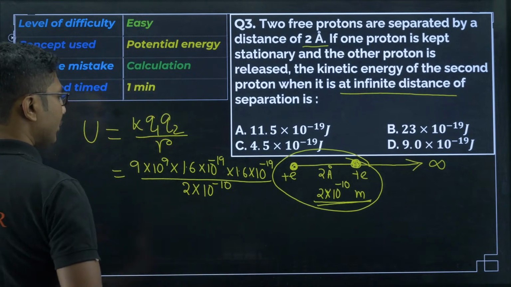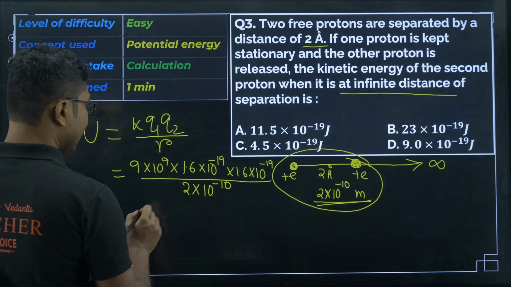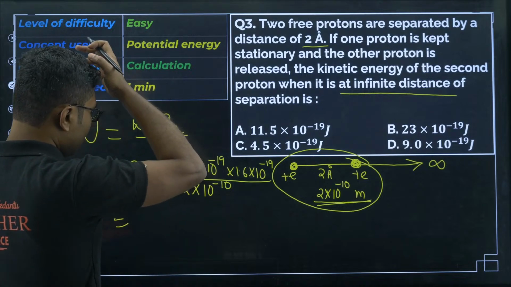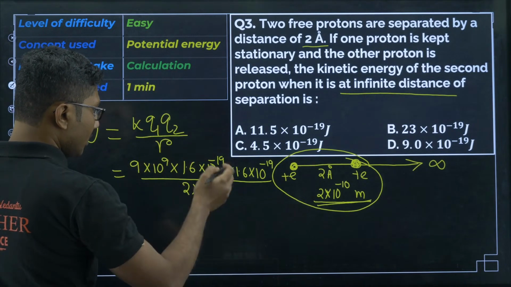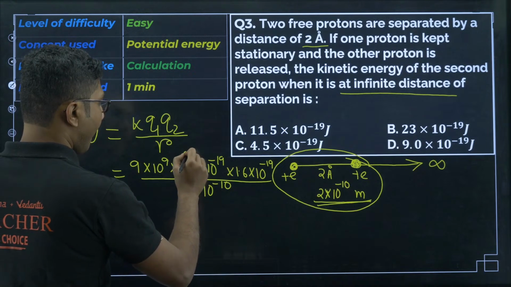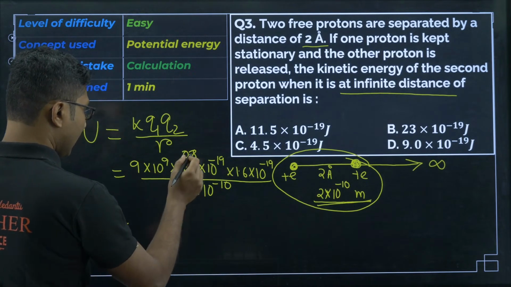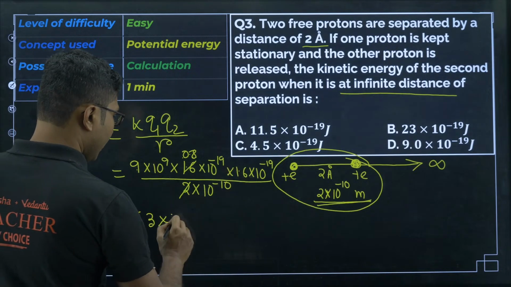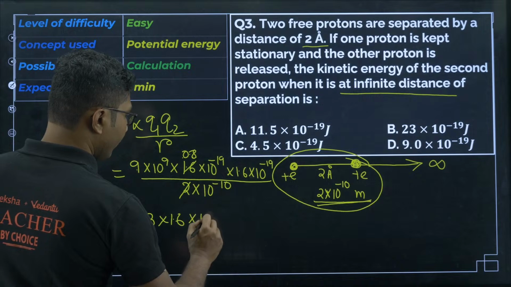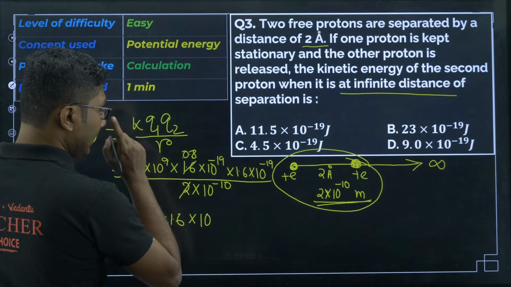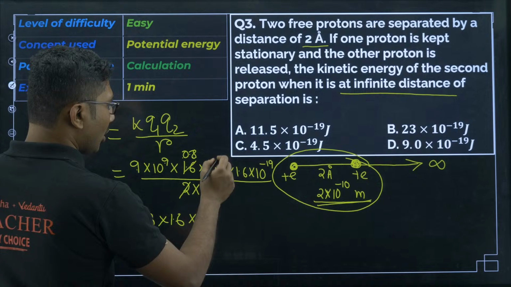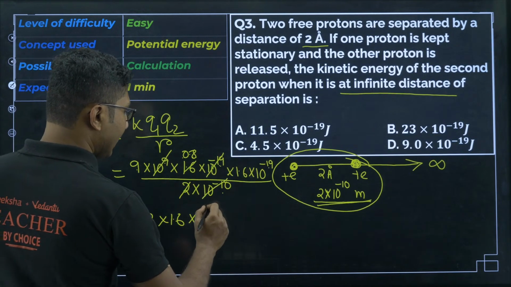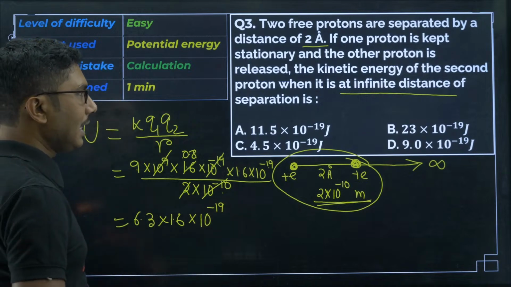So, if you combine them, 1.5 divided by 2, 0.8. So it will be 0.8 into 9, into 1.6, into 10 to the power of 9 minus 19 minus 10. Now, the minus 10 will cancel, so only 10 to the power of minus 19 will be left.